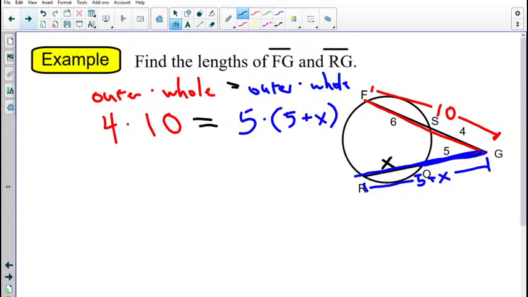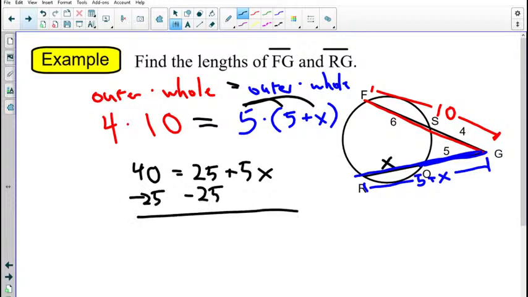And now we're going to solve. This one I'll do pretty quickly. 4 times 10 is 40. For this one, we distribute the 5. 5 times 5 is 25, plus 5 times x. Then we subtract, and that is 15.